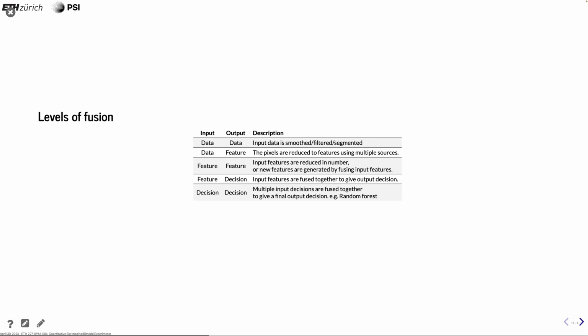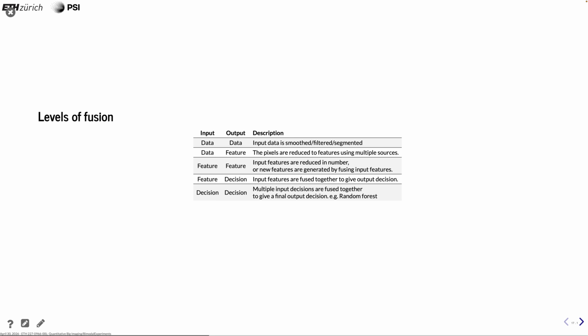Then there are different levels of fusion. We have data to data, which would be comparing the images voxel-wise. But you could also have data structures from one modality and want the output as features, like segmented structures.